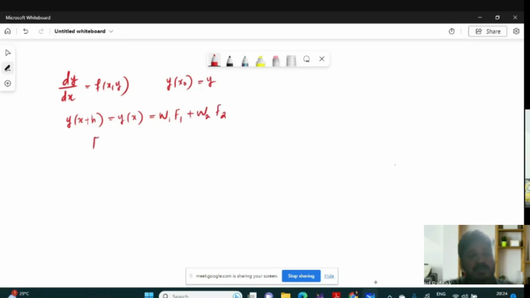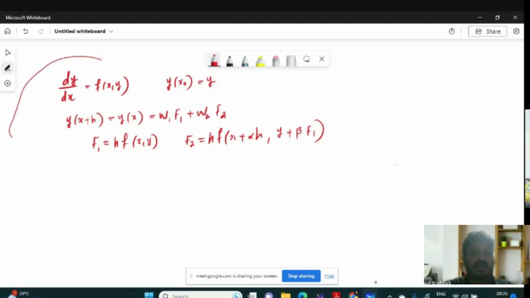F1 equal to h into f of x y, F2 equal to h into f of x plus alpha h, y plus beta F1. This is given from the question.